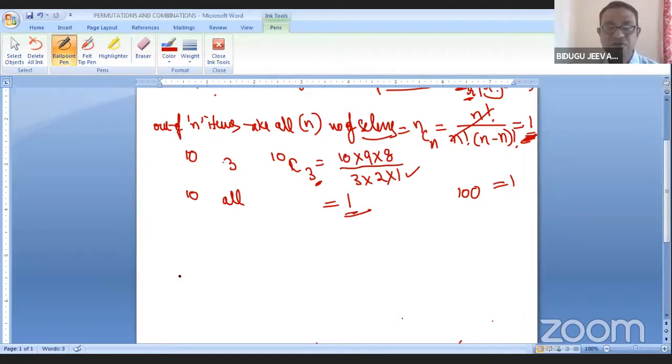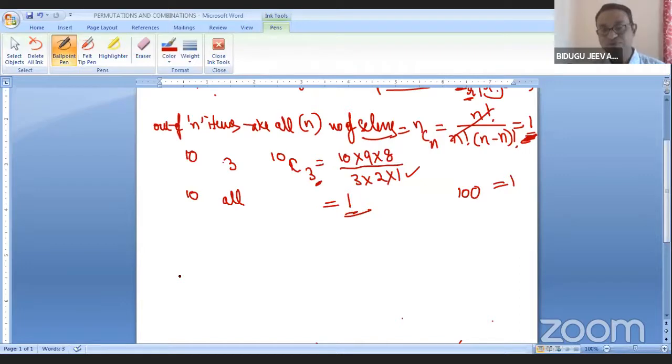Whenever you take all the people at a time and you get 1, the meaning is that there are no types of selections. Whatever selection you take, you get 1 only, when you take all the people. So no types of selections. In the previous case, we discussed types of permutations: one is dissimilar, second is similar, third is circular. Now here, no types of selections.